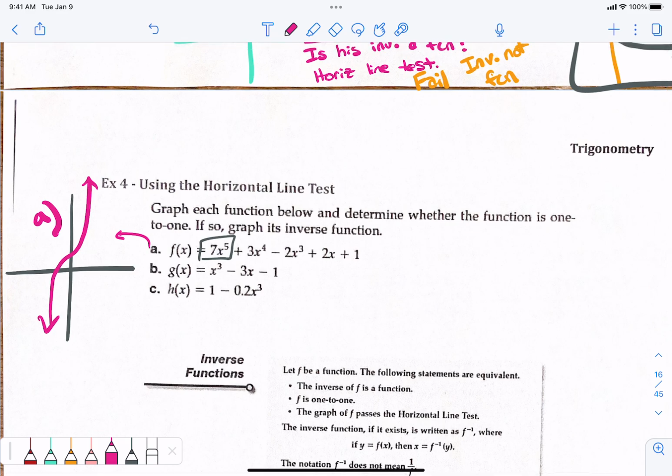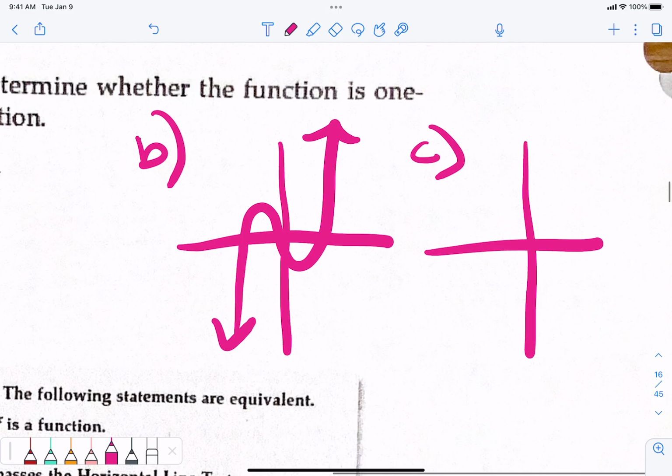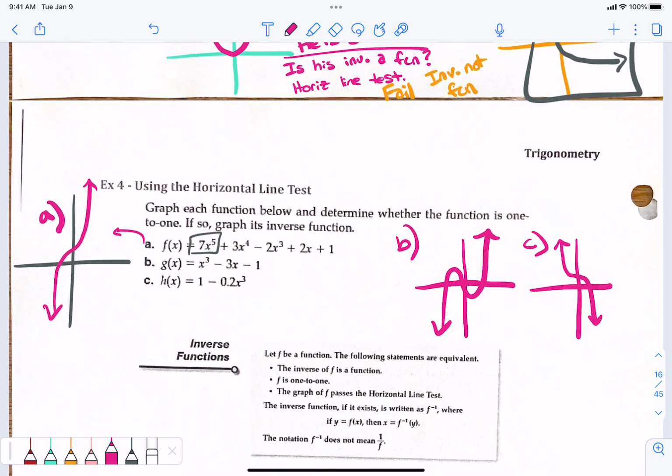B, I'll put B over here, and C. Tell me when you got one. This is B. B looks like this. Here's C. C looks like this when you graph him. Okay. A, B, C.